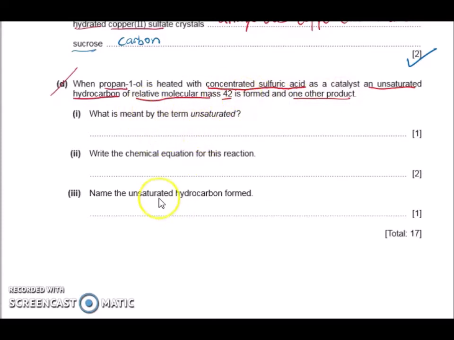Okay, so this is the basic concept where alcohol gives you alkene plus water. So this process is called dehydration.